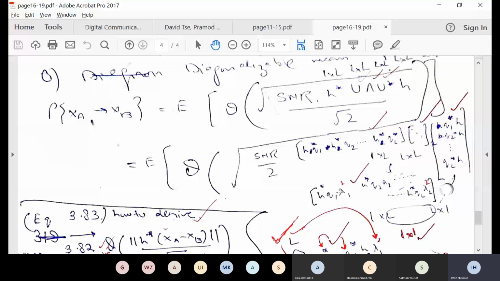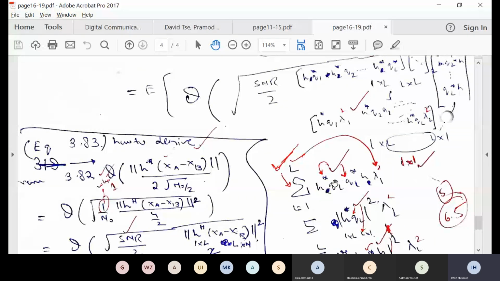So you can write this as the sum over L from 1 to L of H conjugate Q L, Q L conjugate H, and lambda square, summing them all up.